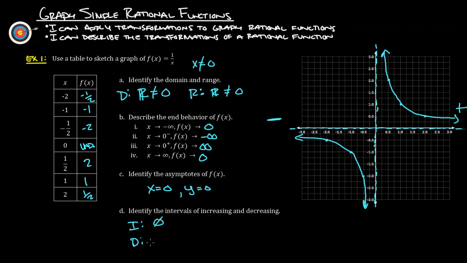For decreasing, we go from negative infinity up to 0. So when x is greater than negative infinity all the way up until it gets to 0, it's decreasing. And then after that, when x is greater than 0 and less than positive infinity, it's also decreasing.